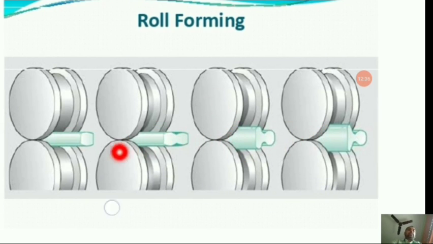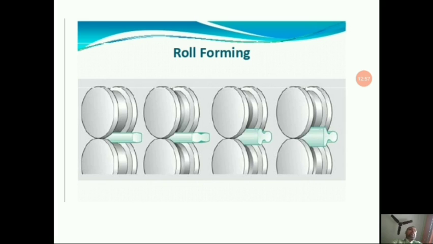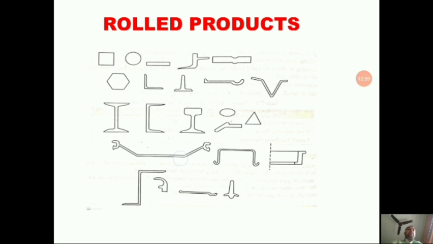I sections are being produced out of this operation. Previously it was somewhat like the billet or bloom, you can say. Next it was compressed and gradually it took the shape of somewhat the T section, okay.